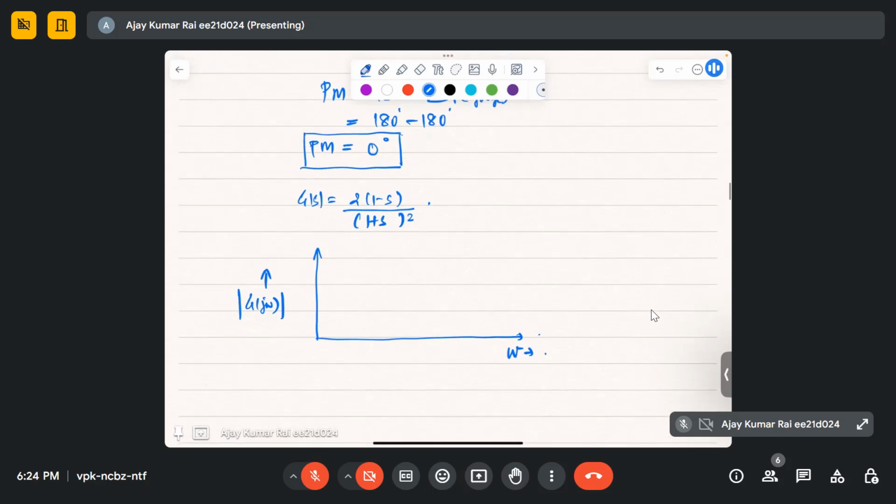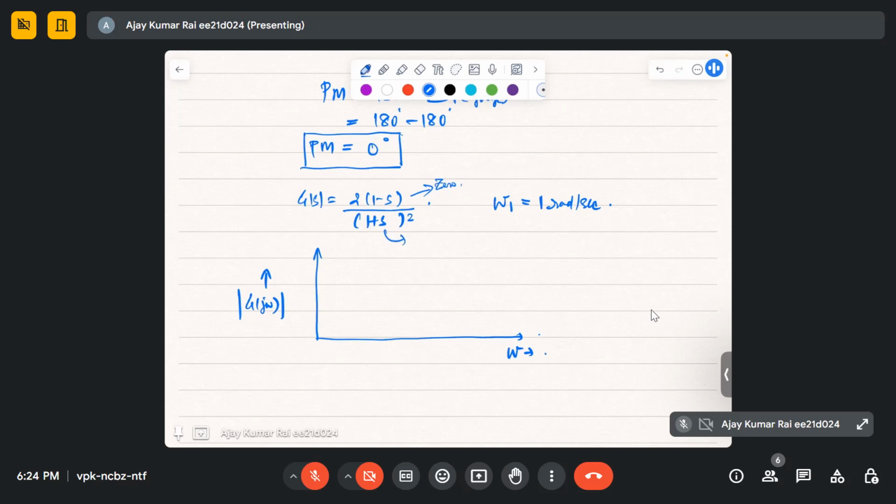So what is the corner frequency? You can see it's only 1 radian per second, right? At 1 radian per second, what is happening? You have a zero here and 2 poles.